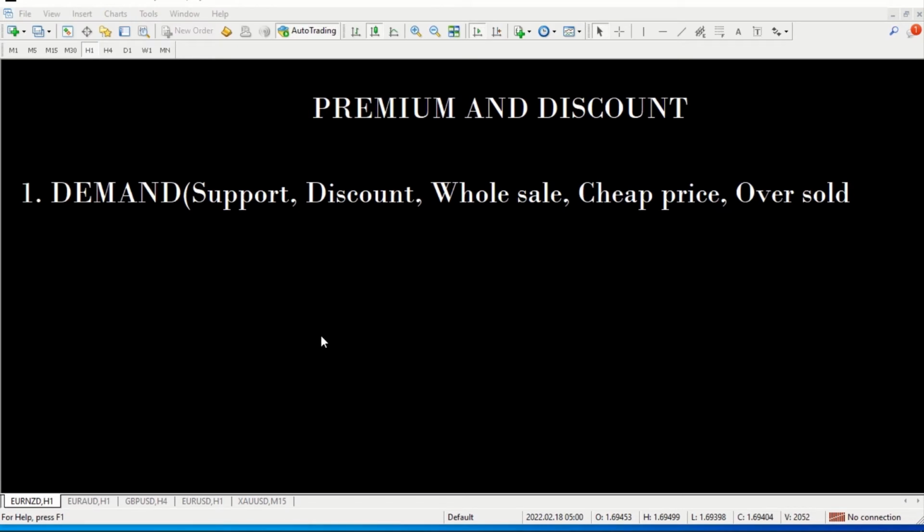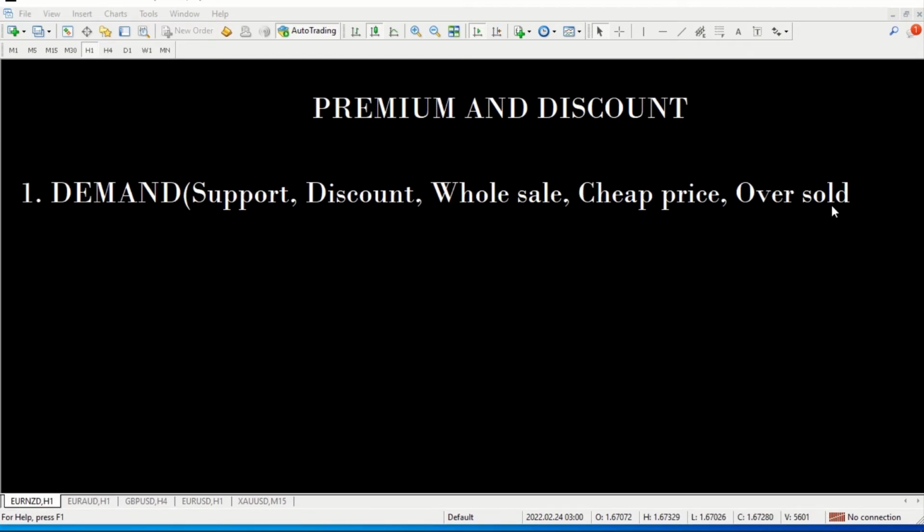When we talk about demand, it has so many names. In forex trading, when beginners start learning, the only concepts they are introduced to are support and resistance. But as you advance, there are more technical terms that you will be exposed to. So anytime you hear demand, it also means support levels, discount price, wholesale price, cheap price, oversold.